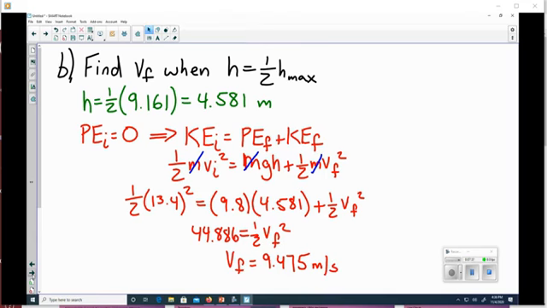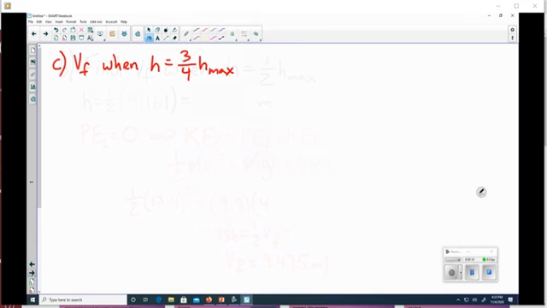of its initial velocity. For part C, we want to determine the velocity when it is 3/4 of the way to its max height. And so again, this is the same as part B. We're just now changing the height where we're determining what the velocity will be.